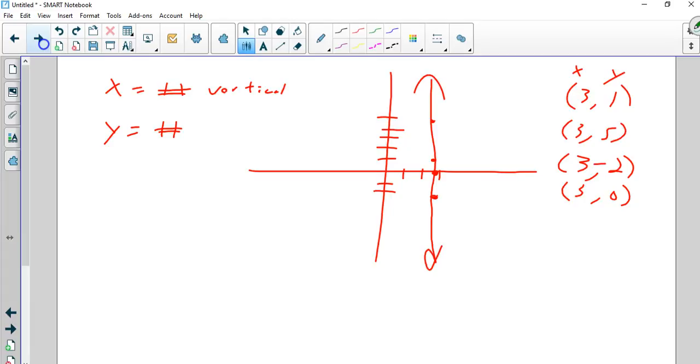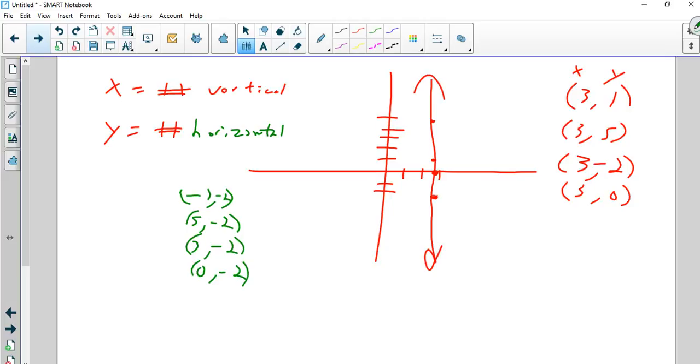Consequently, what do you think is going to be a y equals line? Well, yes. It's going to be horizontal. Why? No pun intended. Let's see. If I had something at -1, -2, and 5, -2, and 3, -2, and 0, -2.